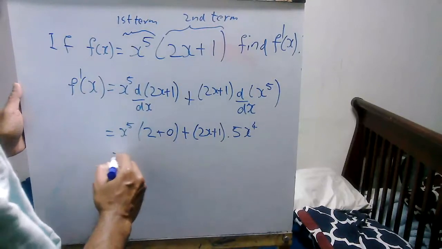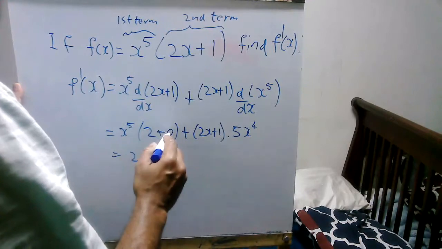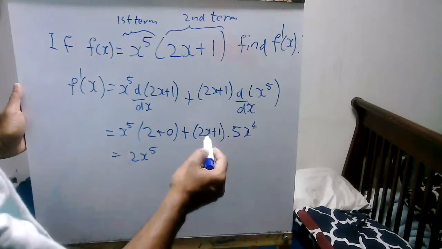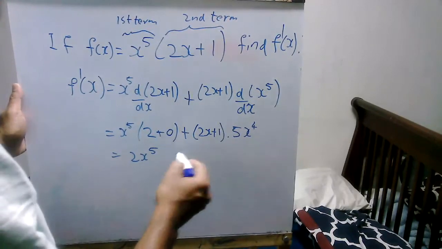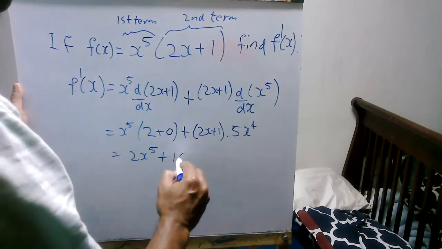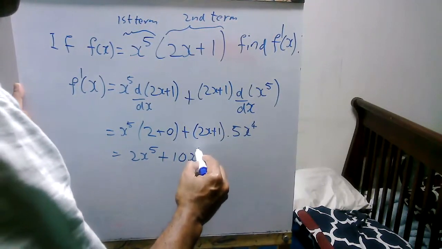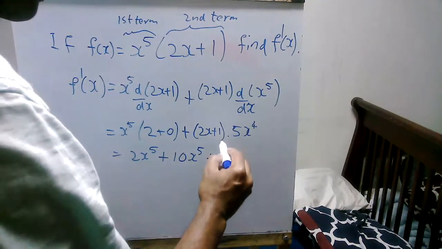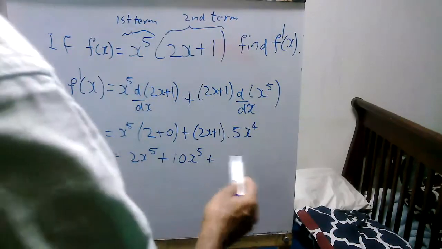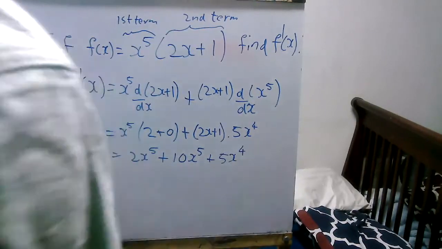This is equal to 2x to the power 5. 2 plus 0 is 2. That 2 times x to the power 5 is 2x to the power 5. We can distribute this. 5 times 2 is 10. X times x to the power 4 is x to the power 5, plus 1 times 5x to the power 4 is 5x to the power 4.